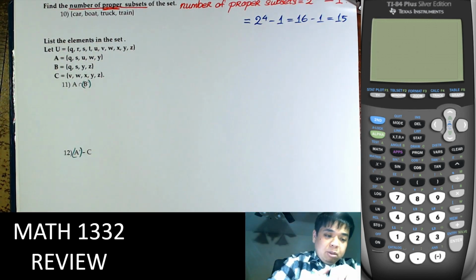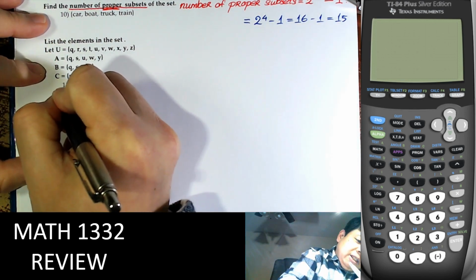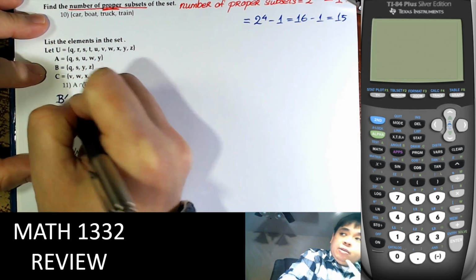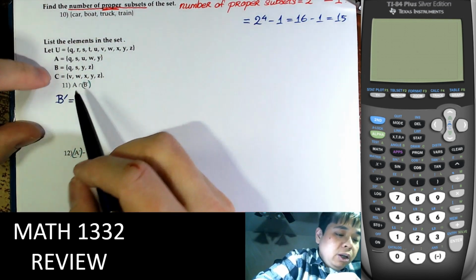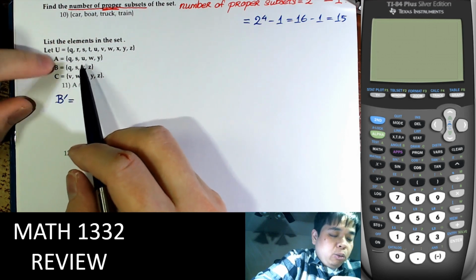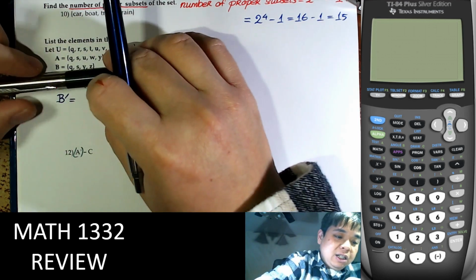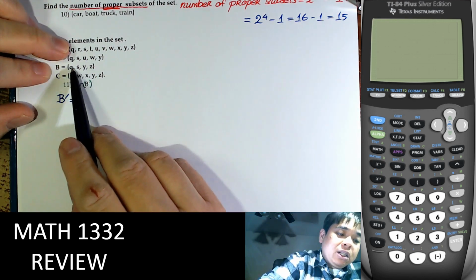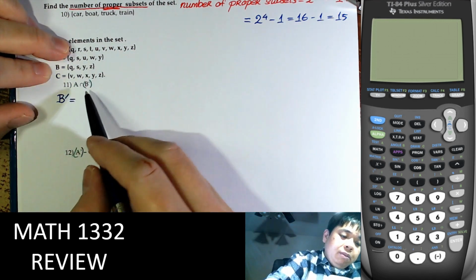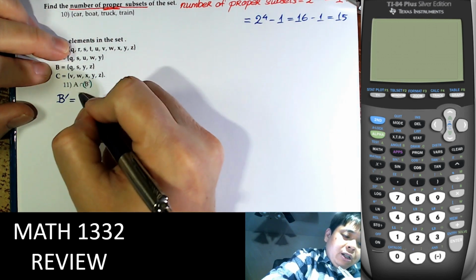So the complement of B. We look at the set B, and complement means that is not in B. So we have Q already.